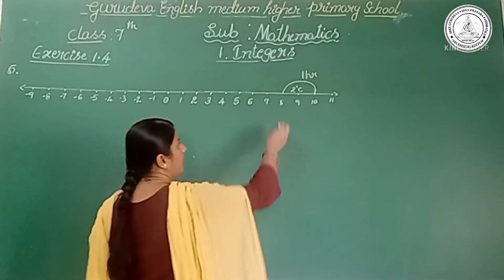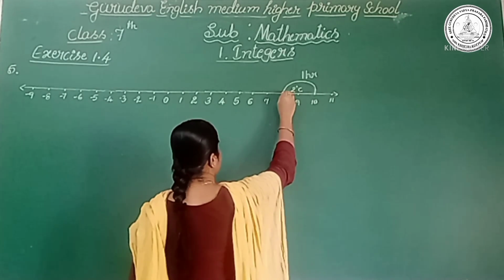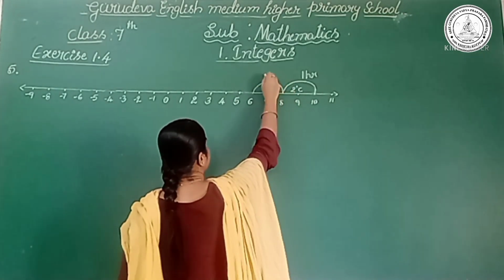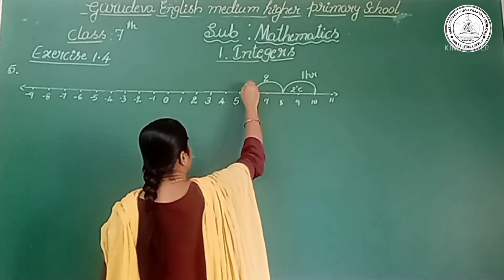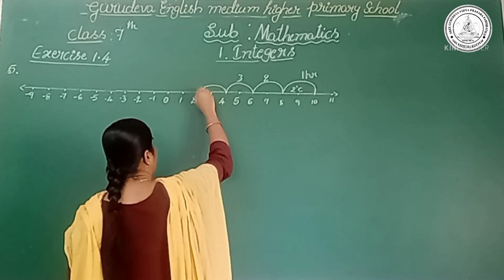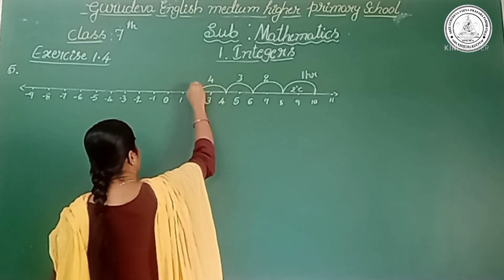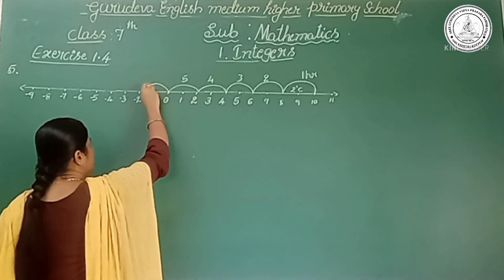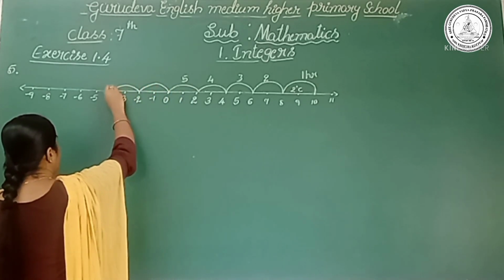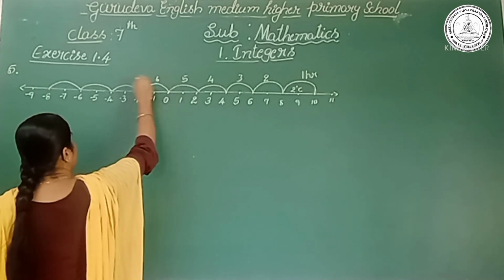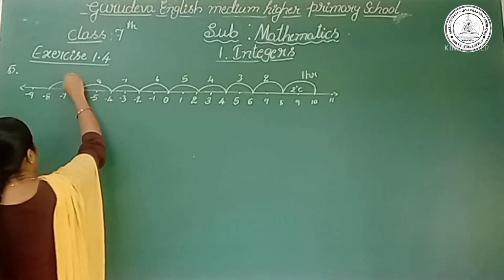So for 1 hour it decreases 2 degrees Celsius. Like that it decreases for 2 hours, 3 hours, 4 hours, 5 hours, 6, 7, 8 and 9. Right? 6, 7, 8 and 9.